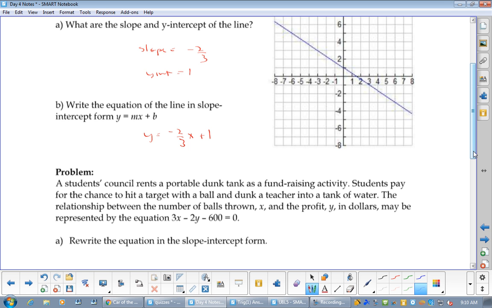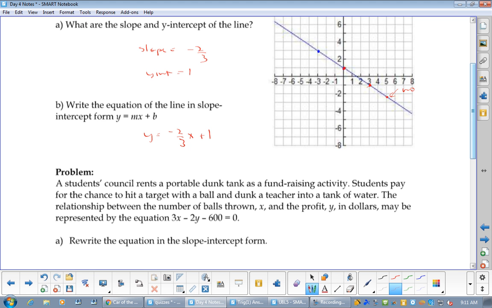Okay, so you could use this one and that one, or this one and this one, right? You don't want to use that. And unless a graph is drawn nice, you really can't find slope.